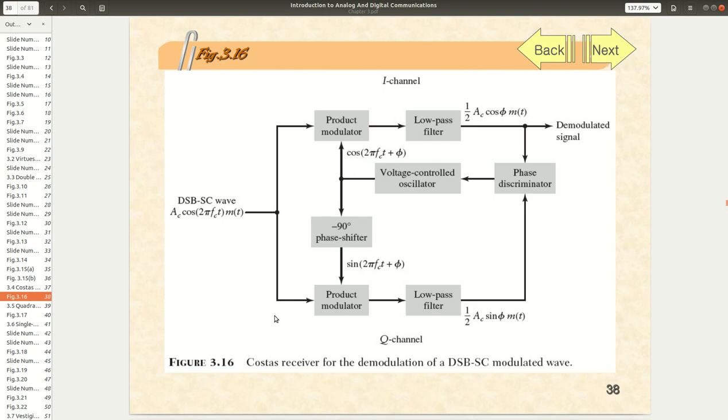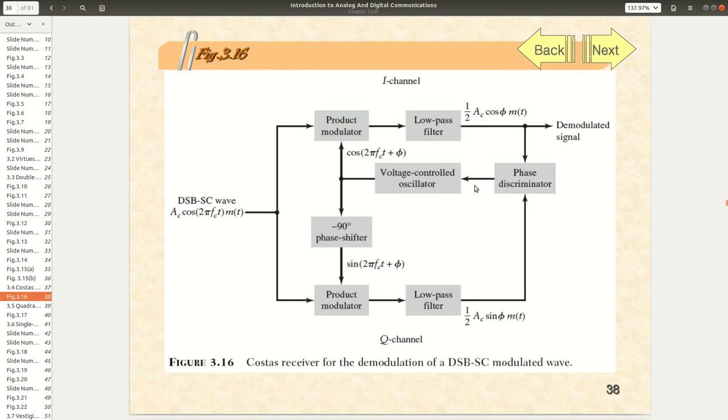On the other side, we make a minus 90 phase shifter. The minus 90 phase shifter will give us a sine, but with the same phase. If you multiply by the cosine, you will have 1 over 2 AC sine theta m of t. So you have your signal multiplied one time by cosine phi, and one time by sine phi.